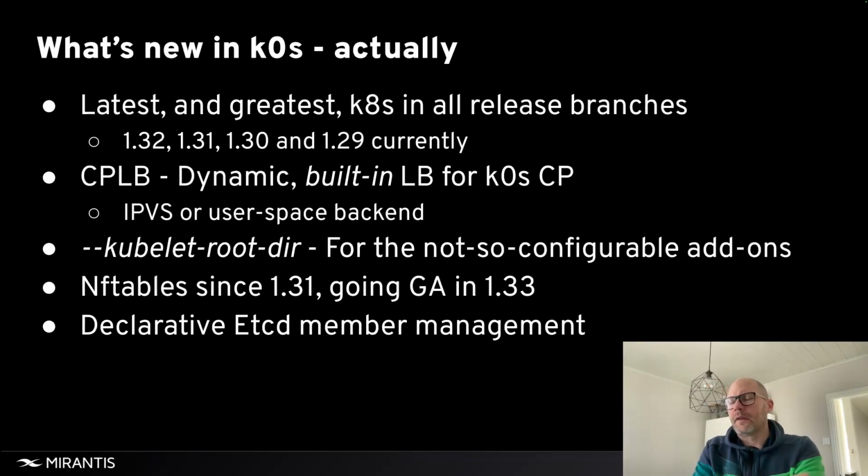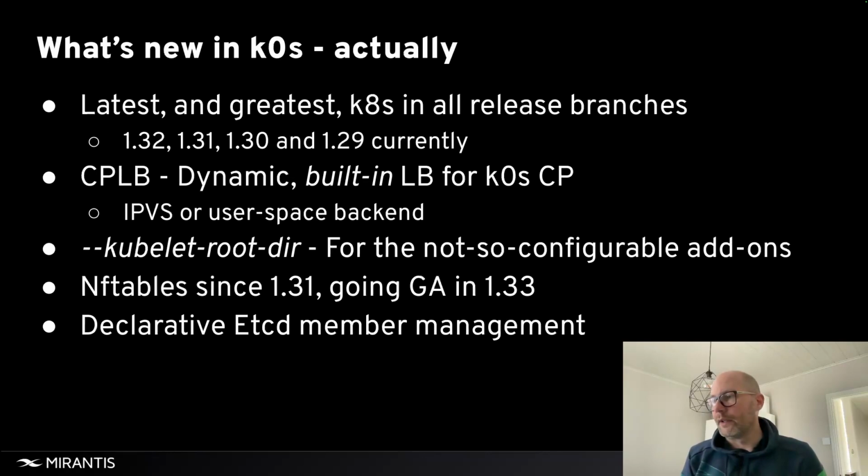Another thing in k0s, sort of new in a way, is support for nftables mode in kube-proxy. It's been in beta since 1.31, and since 1.31 k0s has allowed you to enable the nftables mode in kube-proxy.